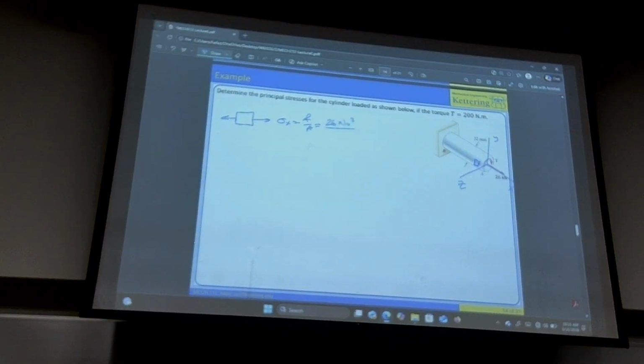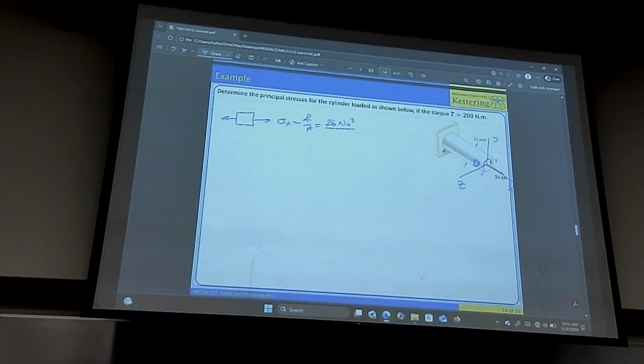We have that. What's the area of a circle? 2 pi r? Oh, wait, that's the perimeter. The area. Integrate that, you get the area, 2 pi r.